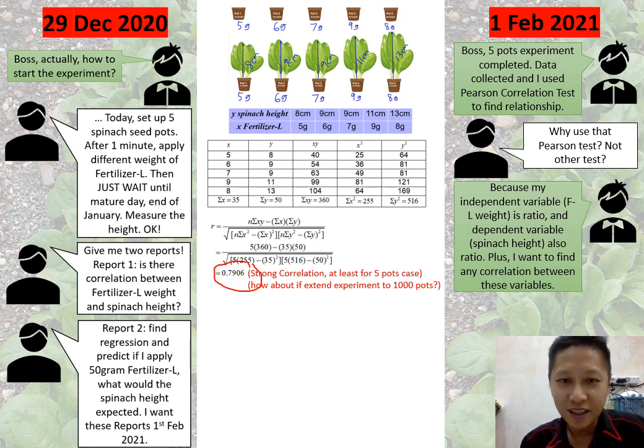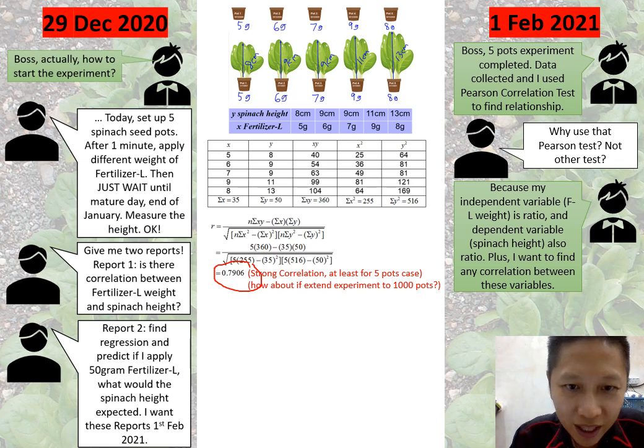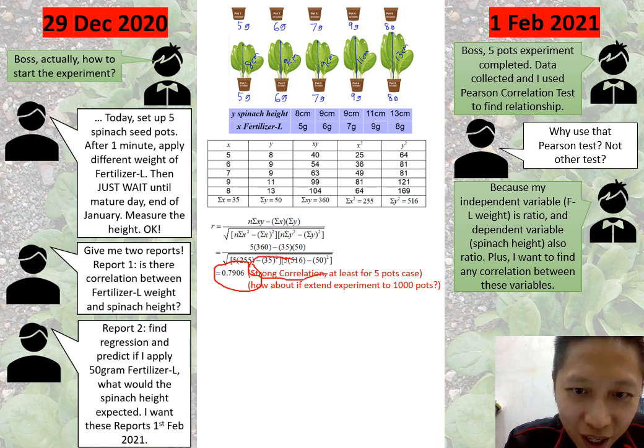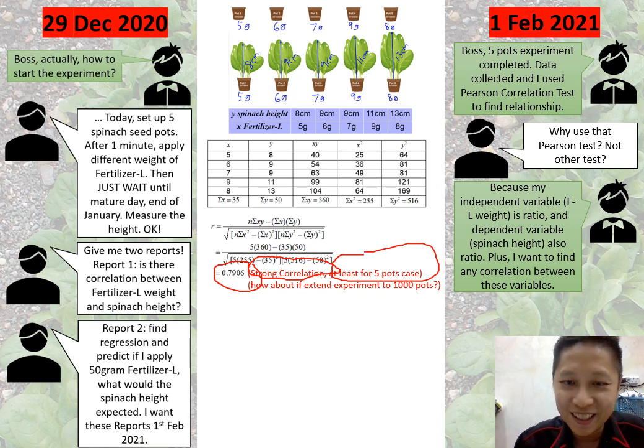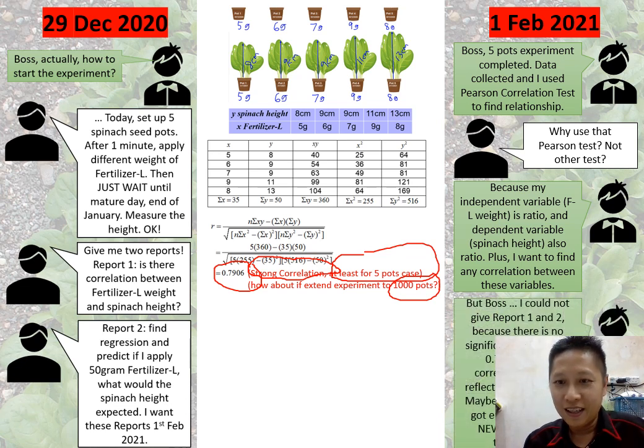See, boss, when I did the calculation, I found that 0.7906, it is a strong correlation, boss. But I need to tell you one thing, boss. It is only applied to this 5 pots case only, not the 1000 pots. Okay, boss? Please be noted, boss. One thing, boss.